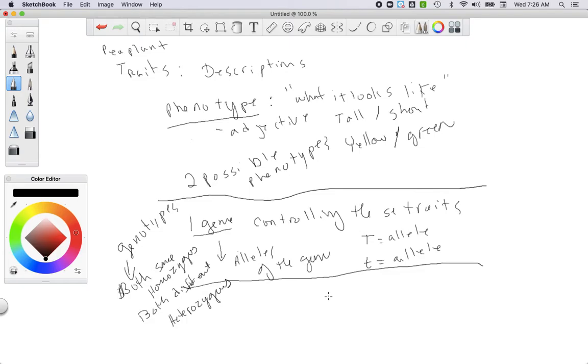What Mendel found out is that in the case of pea plants, there was a dominant allele for these traits and a recessive allele for these traits.